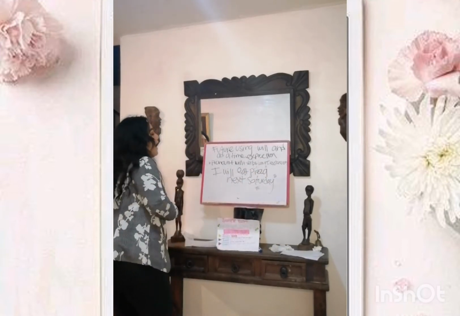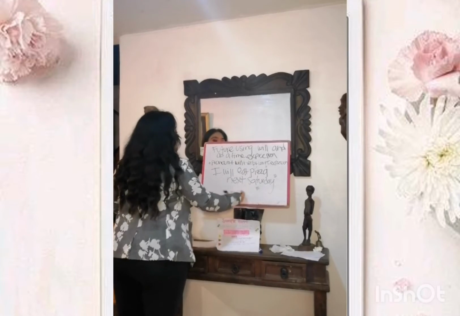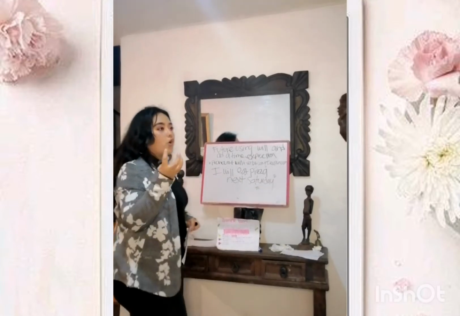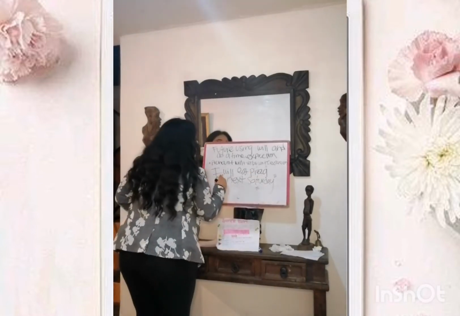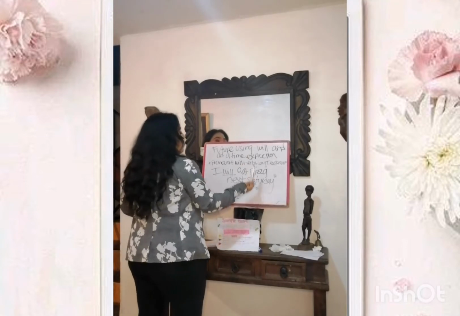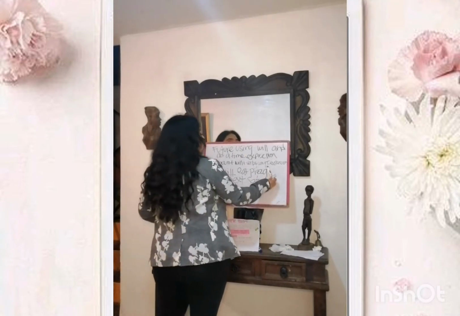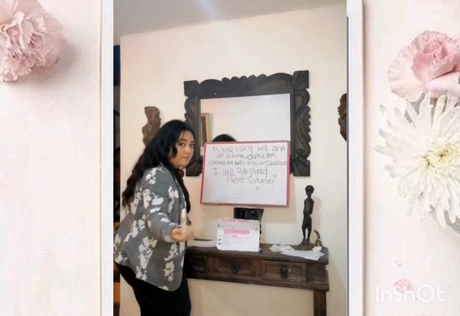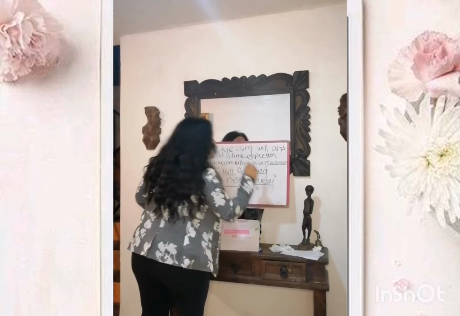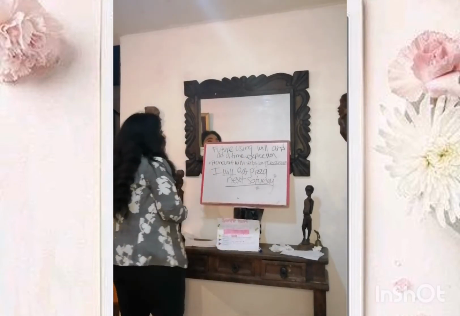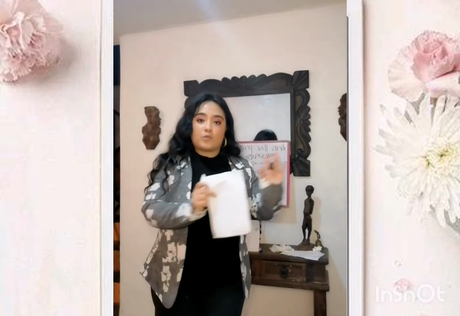So it will be I will eat pizza next Saturday. Okay. So remember that we are trying to focus on the word will, which is referring to the future, and we are talking about the time expression. Okay. So the time expression in here is next Saturday. Okay. So this will be an example of future using will and a time expression.